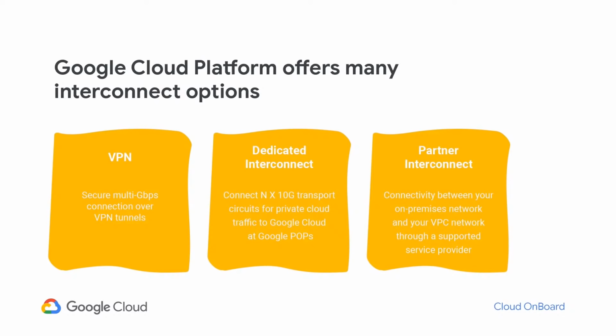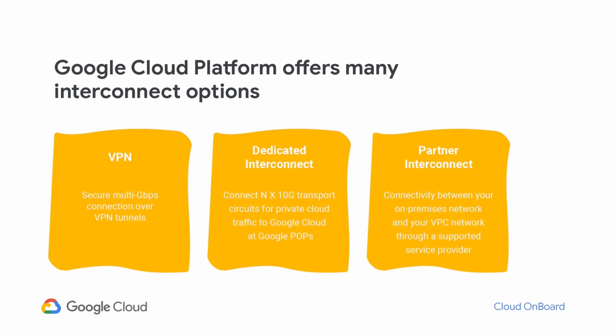If you want to use Dedicated Interconnect, you would be required to provision a cross connect between the Google network and your own router in a common co-location facility. I'll talk about that.